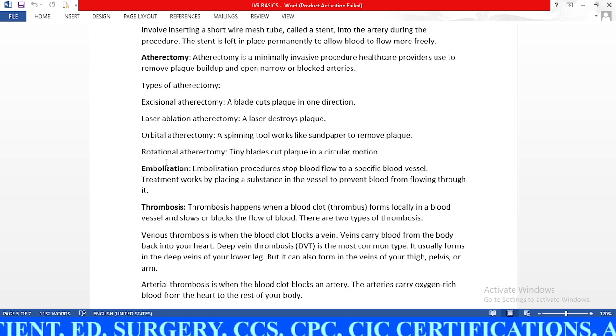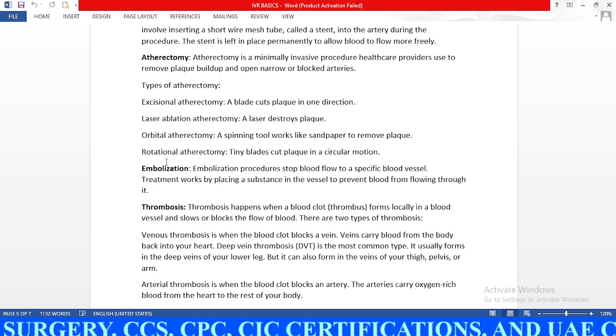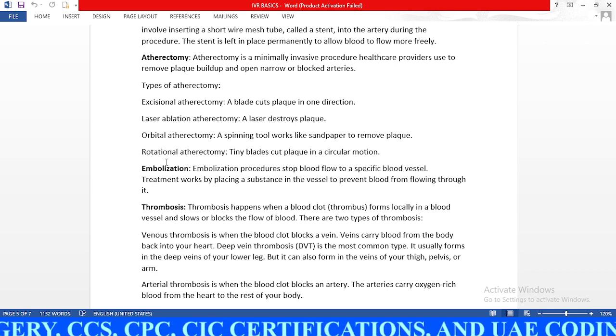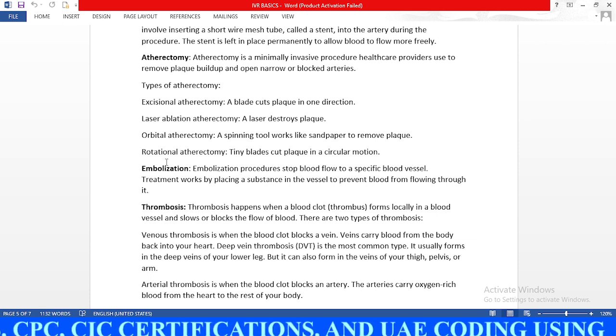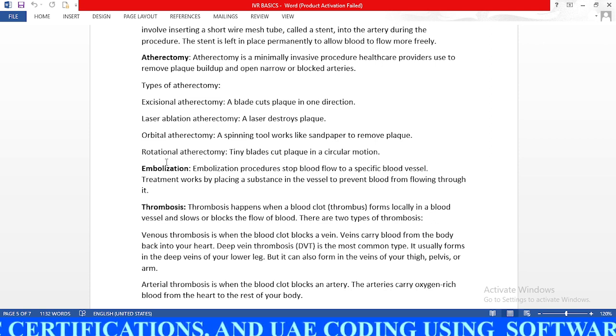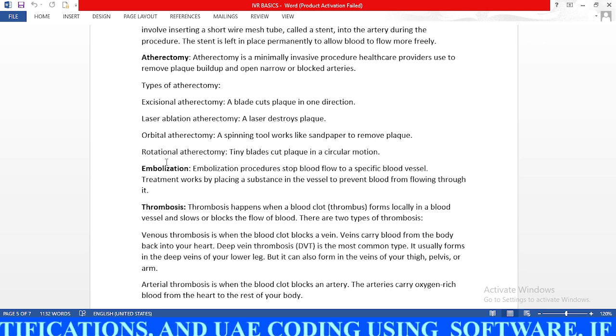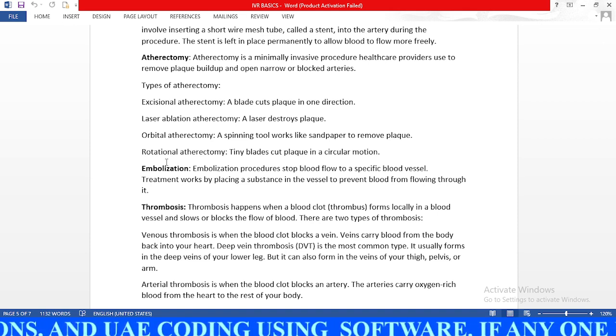We have four types of atherectomy. Excisional atherectomy: a blade cuts plaque in one direction. Laser ablation atherectomy: a laser destroys the plaque. Orbital atherectomy: a spinning tool works like sandpaper to remove plaque. Rotational atherectomy: tiny blades cut plaque in a circular motion.